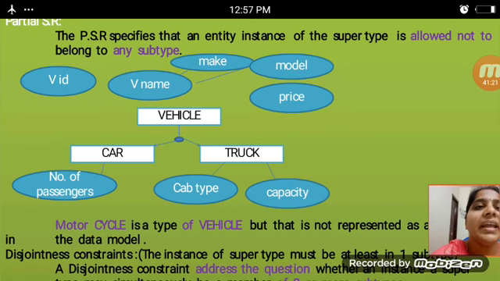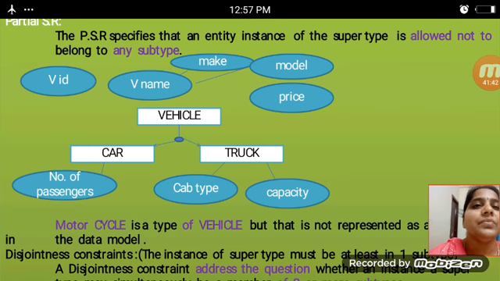Vehicle has supertype and subtypes, truck and car. Car has a number of passengers, and truck has cab type and capacity. The vehicle has no vehicle ID; only the vehicle name, with make and model. Price is not connected with this.